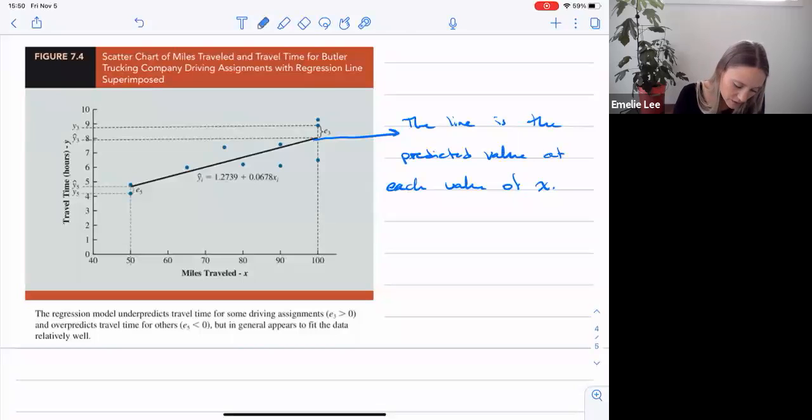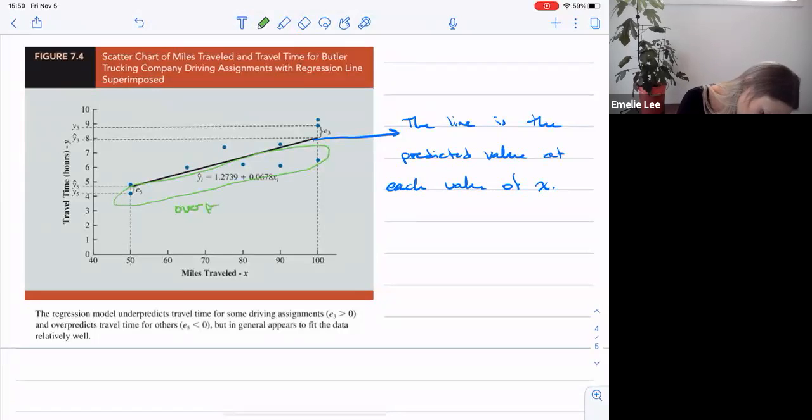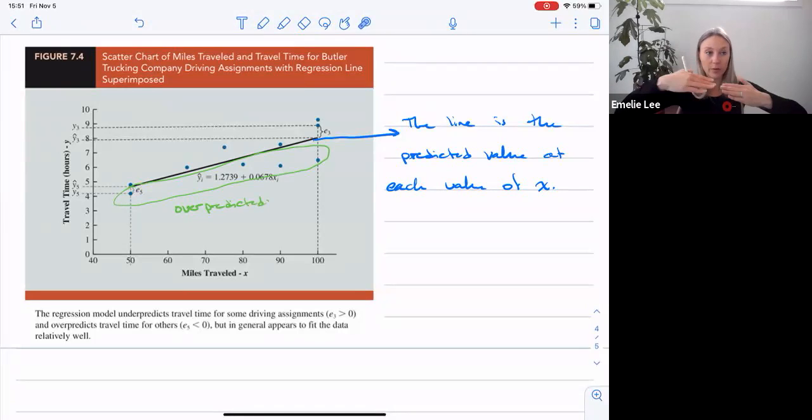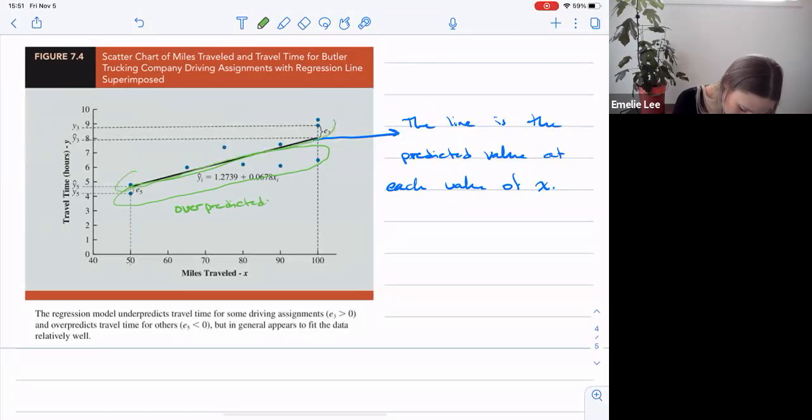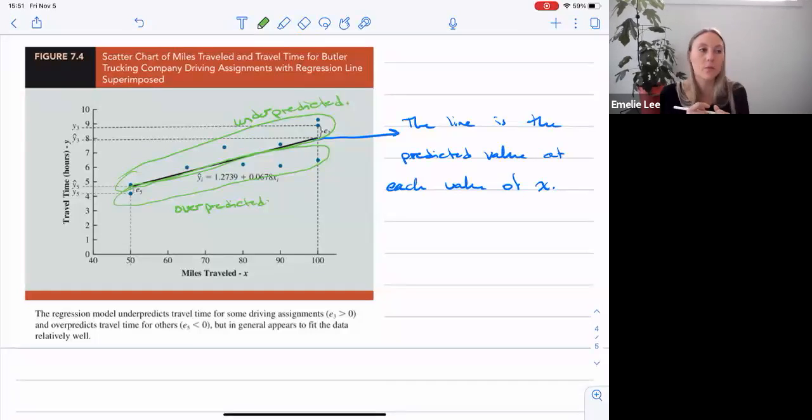A little bit confusing, but for these values below the line, these are over predicted because the line, which is the predicted values, is over the observed. And these are all under predicted. You'd have to take some time to wrap your head around that in each scenario.